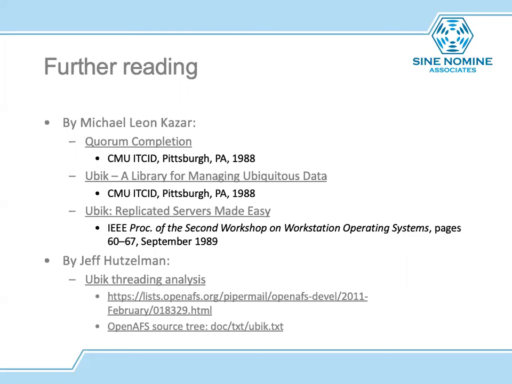At the very bottom of the Ubik doc text, it does a very complete and accurate and helpful analysis of the internal blocking model within the Ubik system. Not just the locking model itself, but also how it protects each of the local and global state variables that participate in Ubik to make sure that they're all thread safe. So that's a very valuable paper as well.